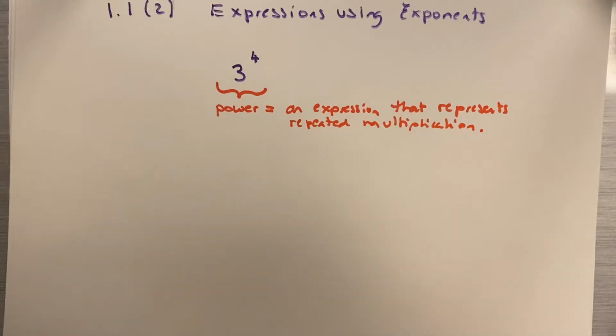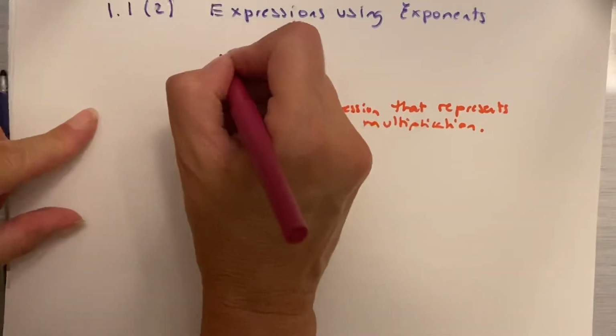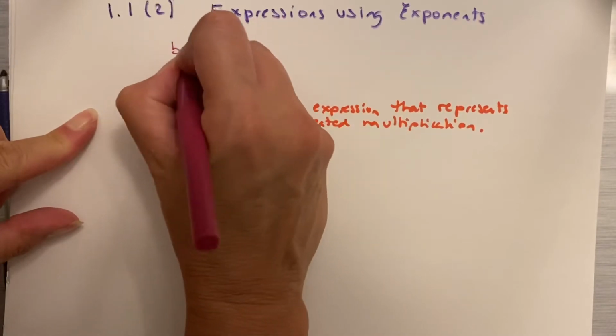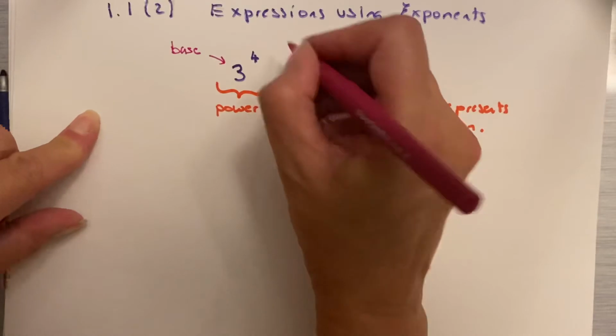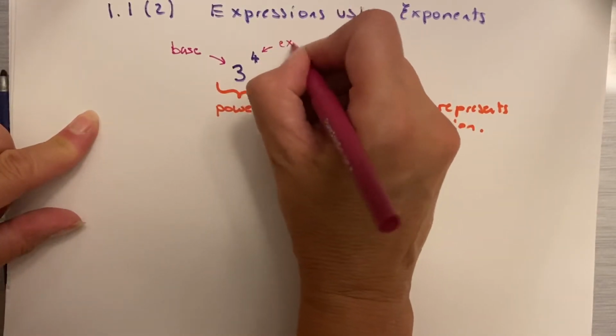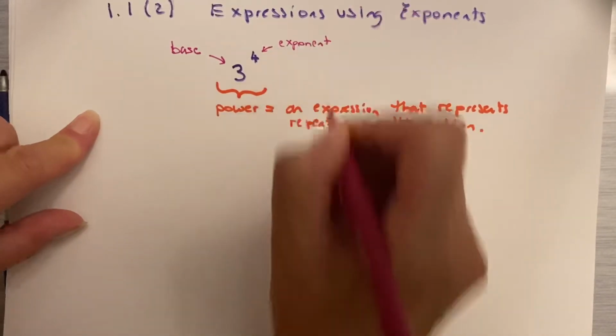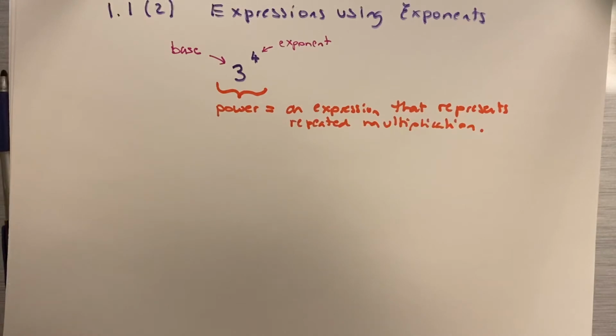And just to make sure that we've labeled everything correctly, the 3 is always called the base, and 4 is called the exponent. The whole thing is called a power.